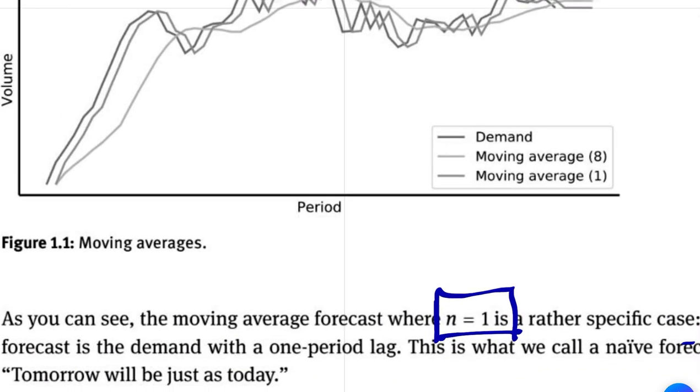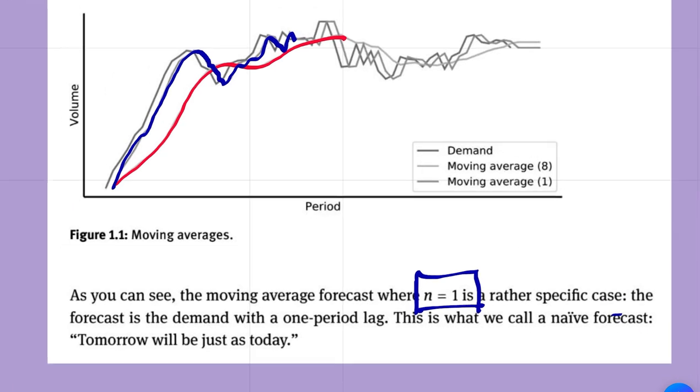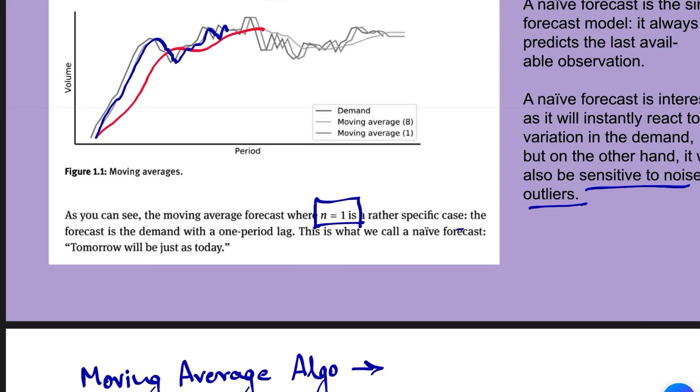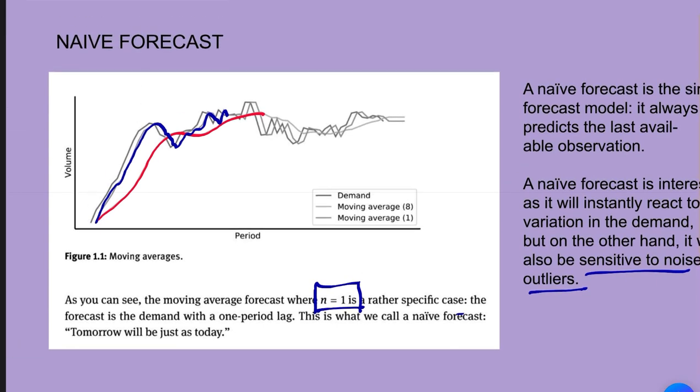In this graph the red line indicates the smoothness of the curve when the value of n is taken much higher, as compared to the naive forecast where the value of n is 1. The naive forecast reacts quickly as compared to the other.